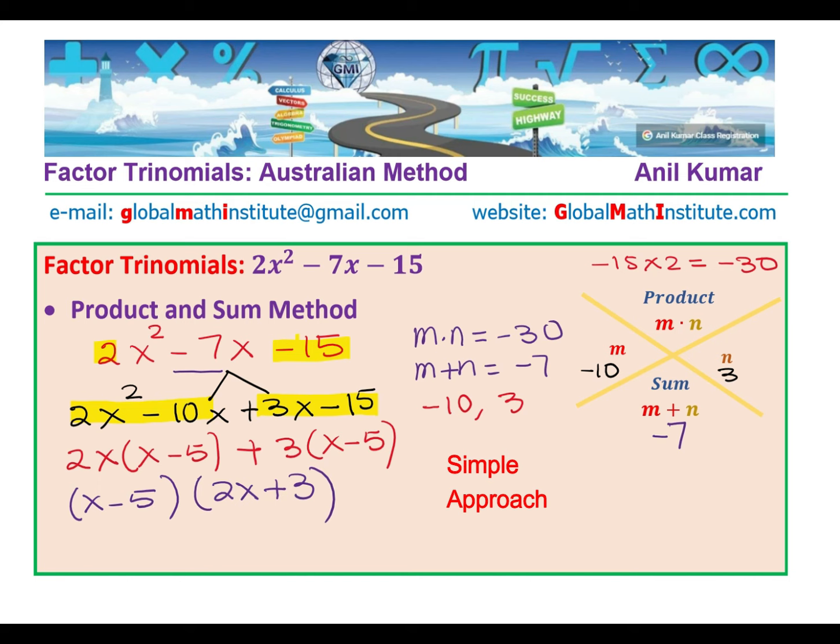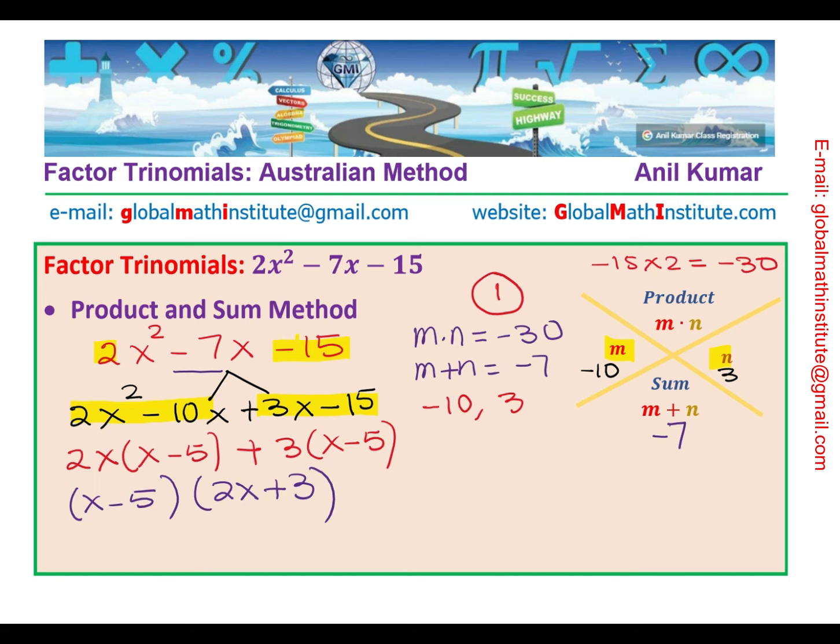So you see, to factor we involve all these steps. Step number 1 is of course writing the product and sum and finding the two numbers m and n. That is very critical in any factoring. Even in the Australian method, we first need to do that step, so this step is common.